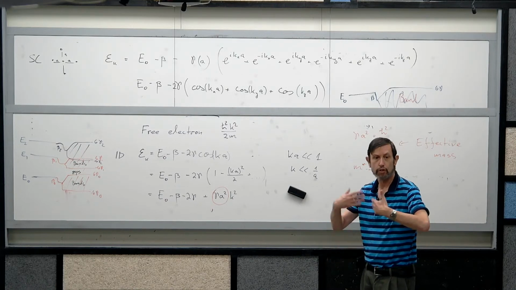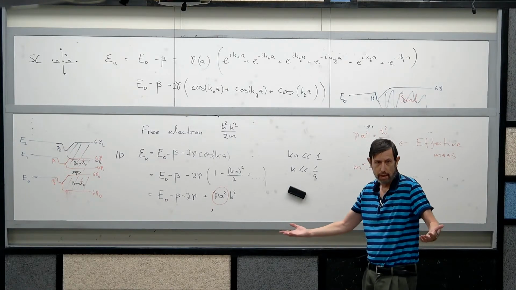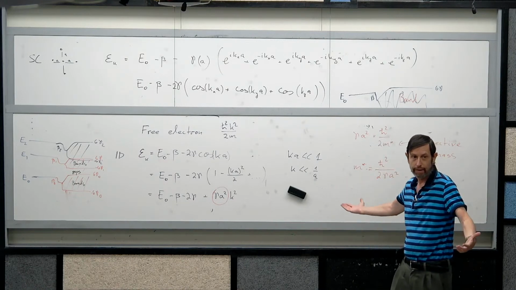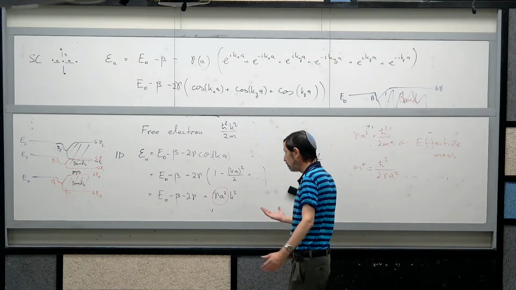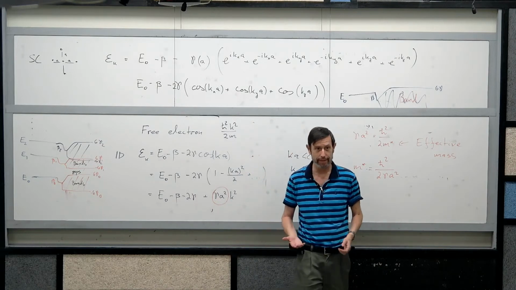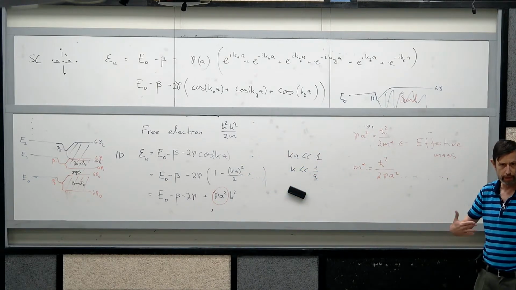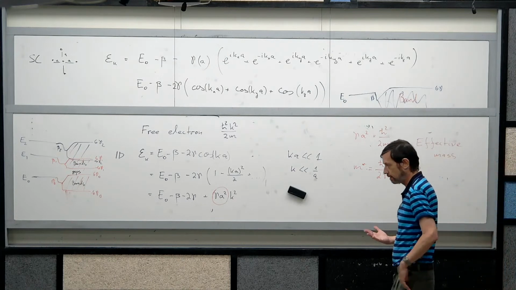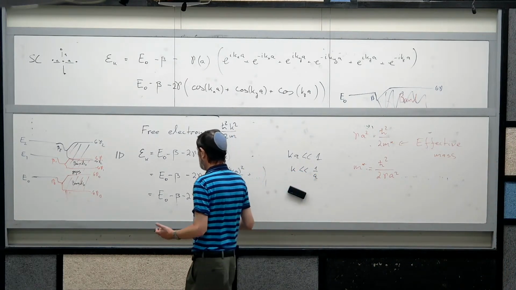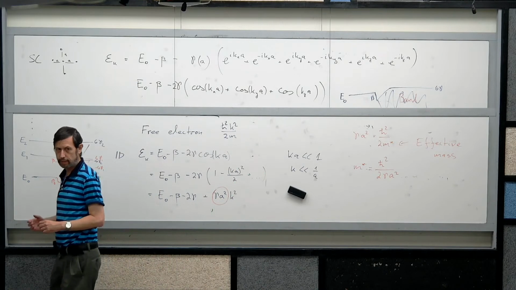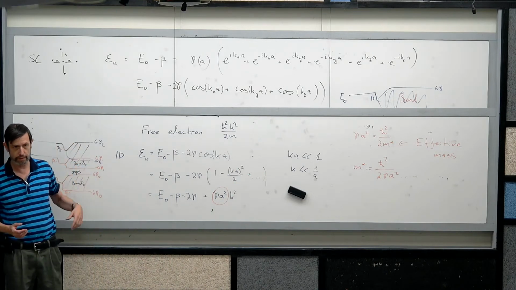I have an emergent behavior that to me looks like a particle with other properties. And this is a theme that comes back in physics in very different topics. But here we meet it in condensed matter physics.